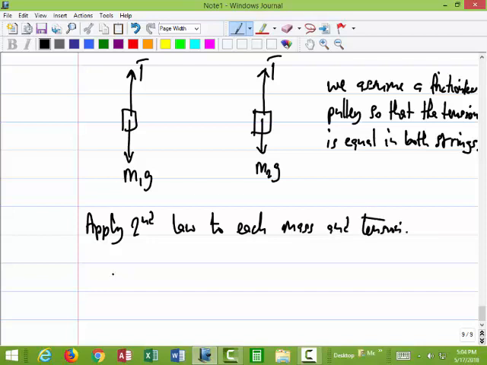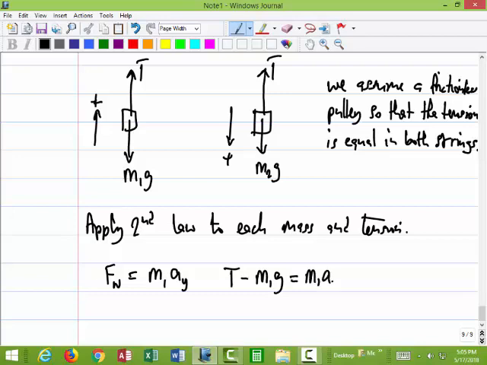By applying the second law to each mass and tension, for the mass going up, this is going up and this is going down. So we can say that for the first case, the net force is equal to the mass M1 times its acceleration A in the y direction, and we can say then that T minus M1g is equal to M1 A in the y direction.